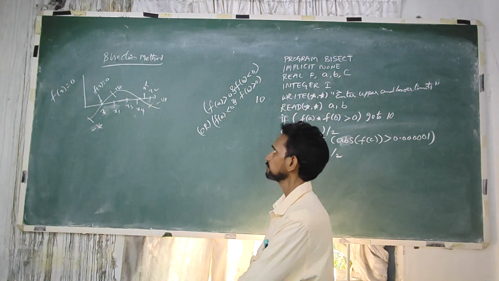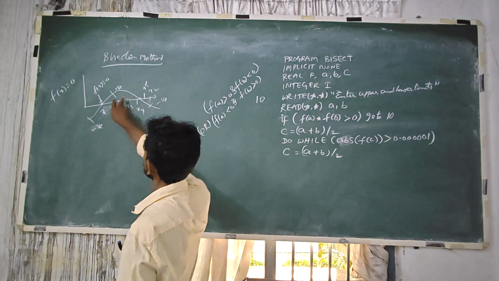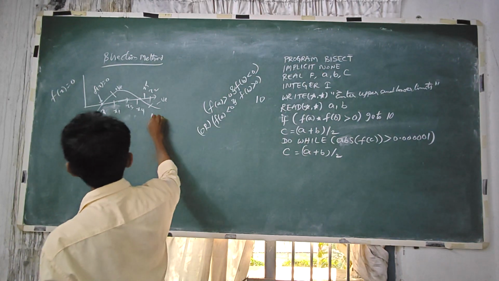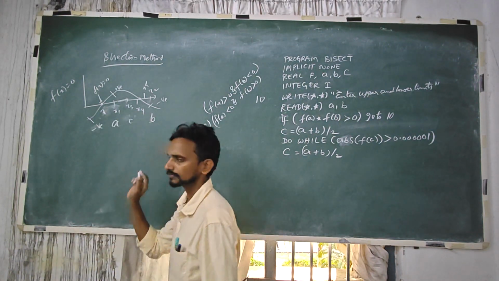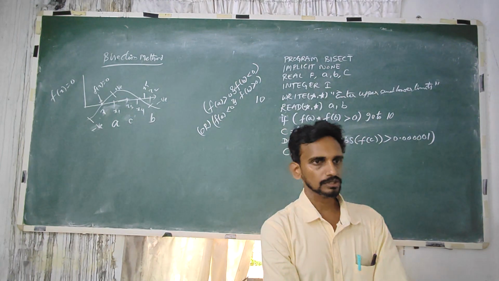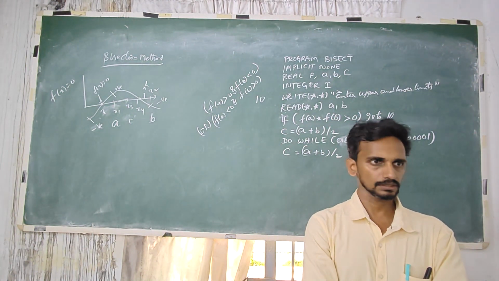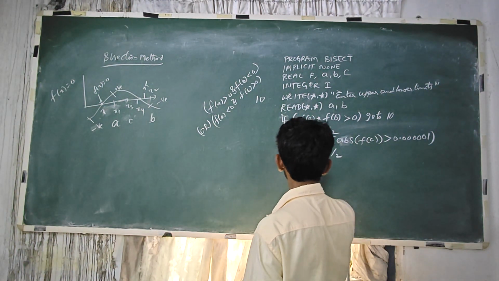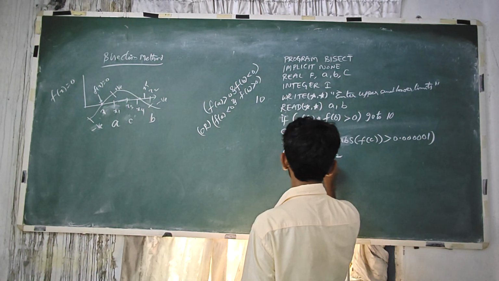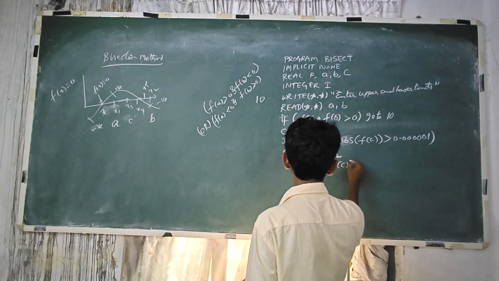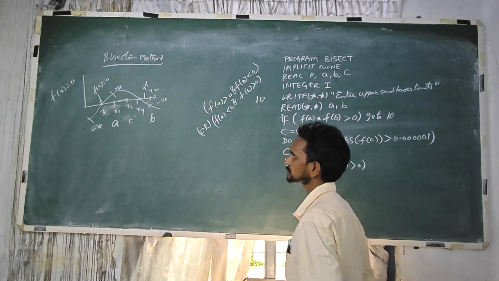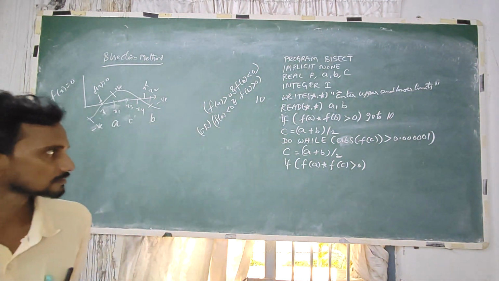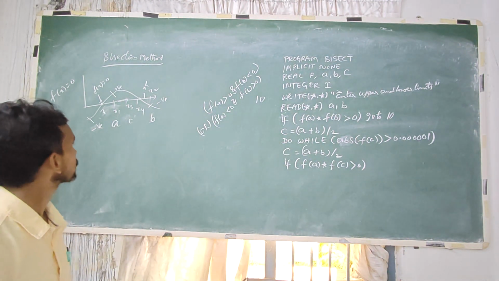ఏంటంటే if product of f of, let's say I call it as a and b and this is c. Okay, if product of f of a and f of c is greater than 0, so if f of a star f of c is greater than 0, ఏం చేయాలి?